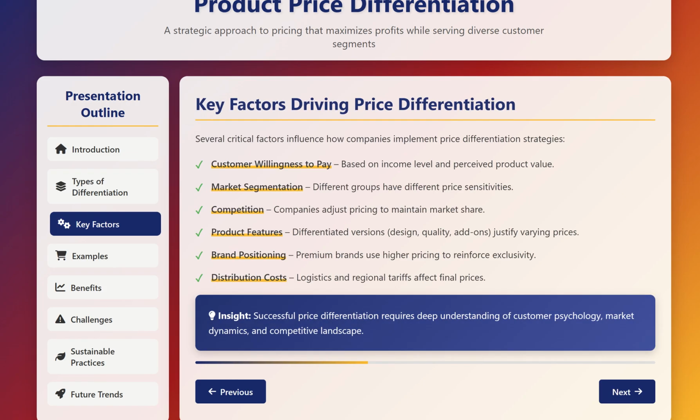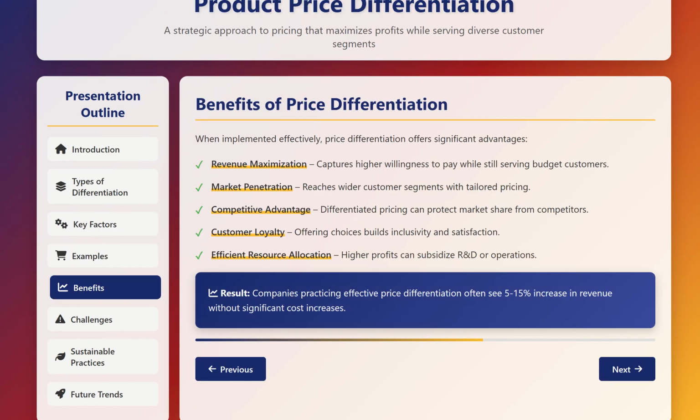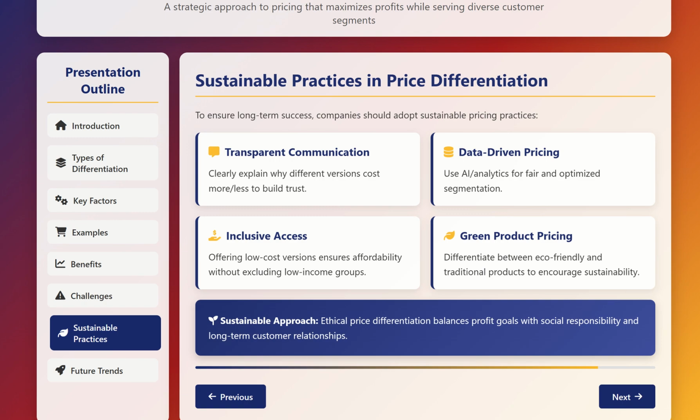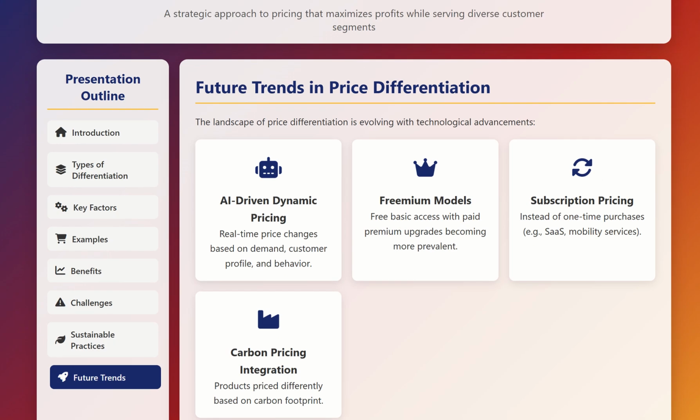We looked at factors that influence differentiation strategies, gave examples, and covered the benefits, the challenges, sustainable practices we can use to improve our product pricing, and then the future trends in product price differentiation.